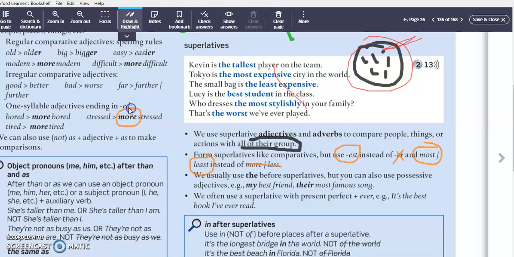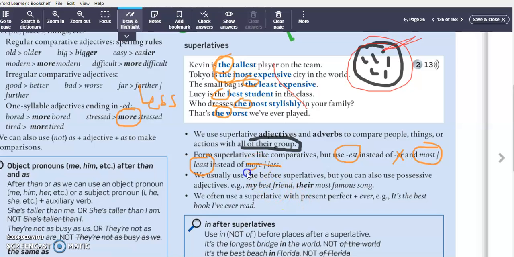¿Ok? Como en el comparativo, utilizamos more o utilizamos less. Acuérdense que aquí utilizamos the tallest, the most expensive, the least, the best student, the worst. The es el más, lo más, la más.